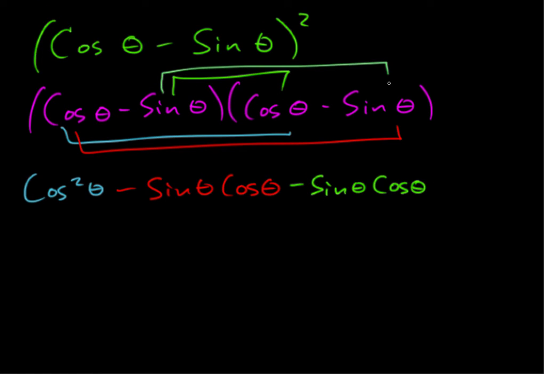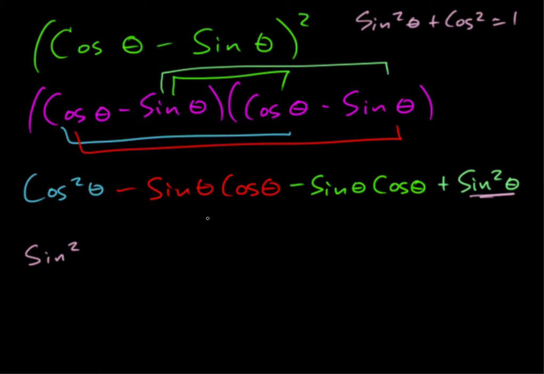And if we multiply these together, we get positive sine squared theta. Alright, the Pythagorean identity, remember, is sine squared plus cosine squared equals 1. And we can write that as sine squared from here plus cosine squared from here.